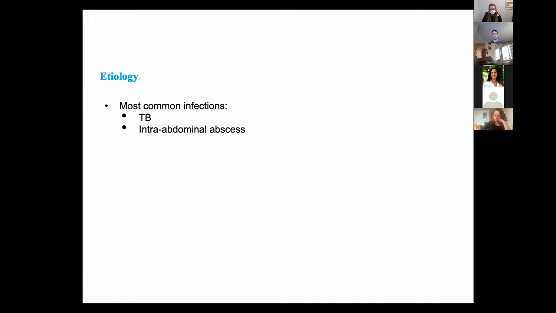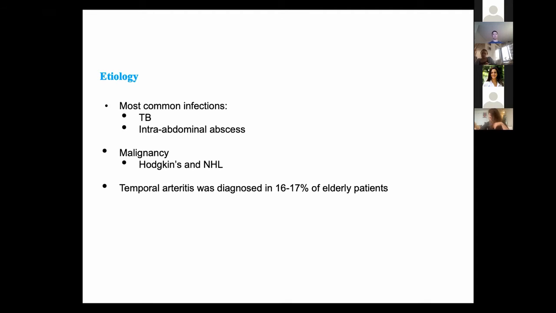And then intra-abdominal abscesses, occult abscesses, are the next most common worldwide. As far as malignancies go, non-Hodgkin's and Hodgkin's lymphoma are the big ones. And in those case series, actually, temporal arteritis was a major diagnosis. It's diagnosed in almost 16 to 17% of elderly patients.